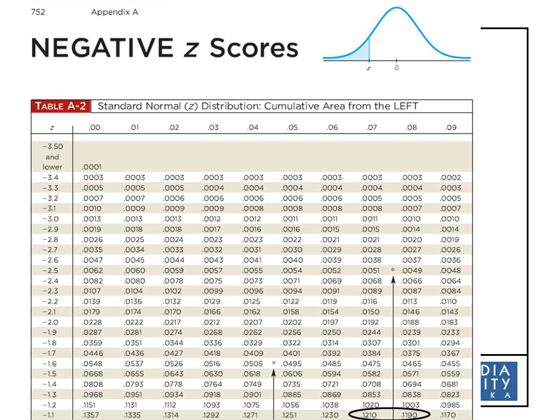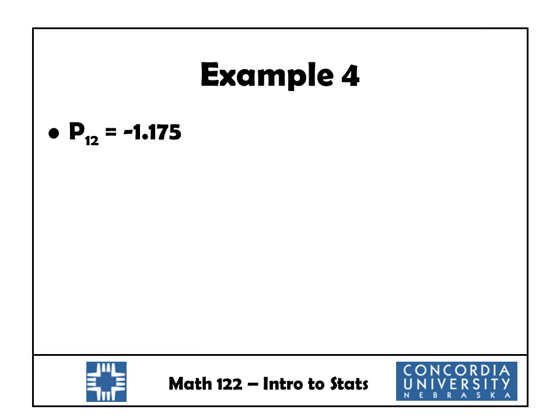And so what we're going to do is take the z-score in between those. Notice that the z-score corresponding to 0.1210 is negative 1.17. And the z-score corresponding to 0.1190 is negative 1.18. So we're going to take the average of those two to be negative 1.175.